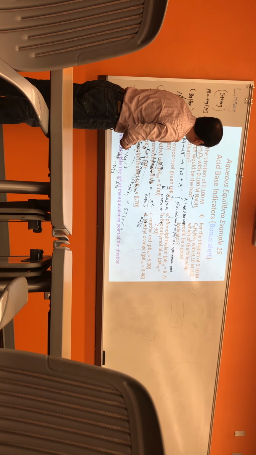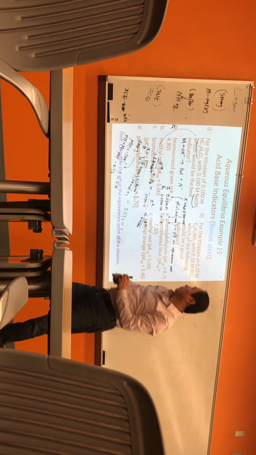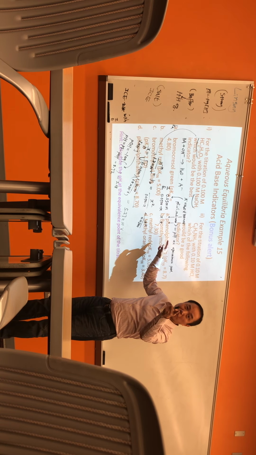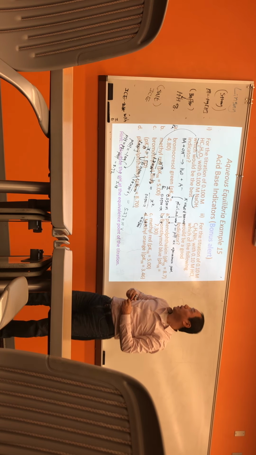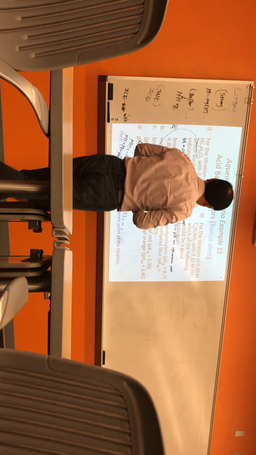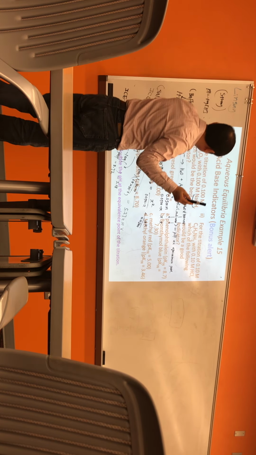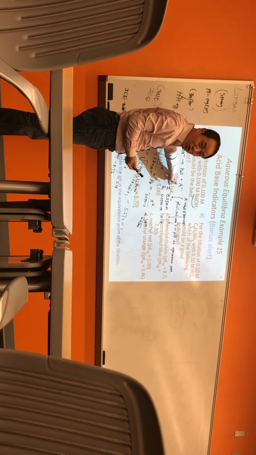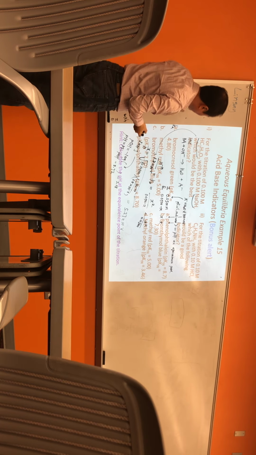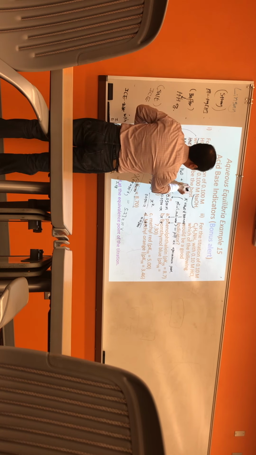If that was a strong acid, you wouldn't worry about the ICE table at all. Even for the strong one, you do not worry about the conjugate base. For example, HCl is a strong acid, and if you titrate it with a strong base, A minus will be just chloride.